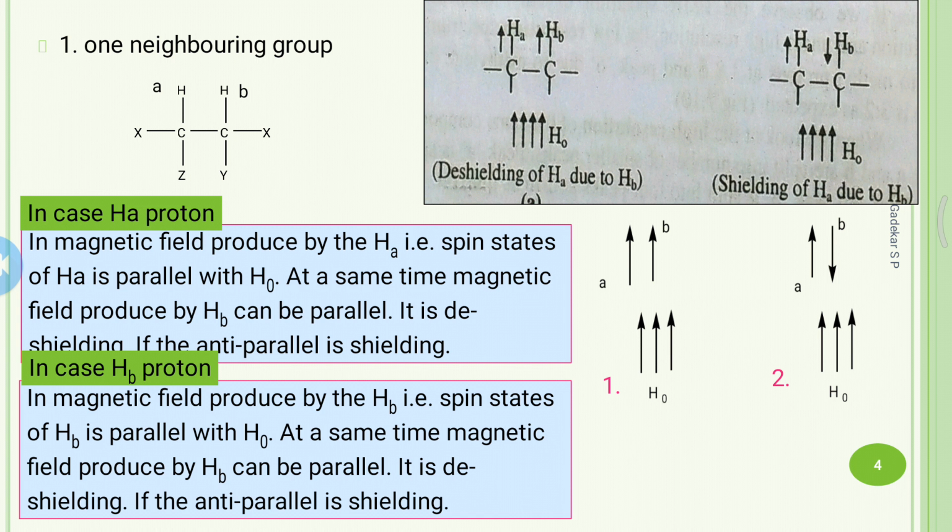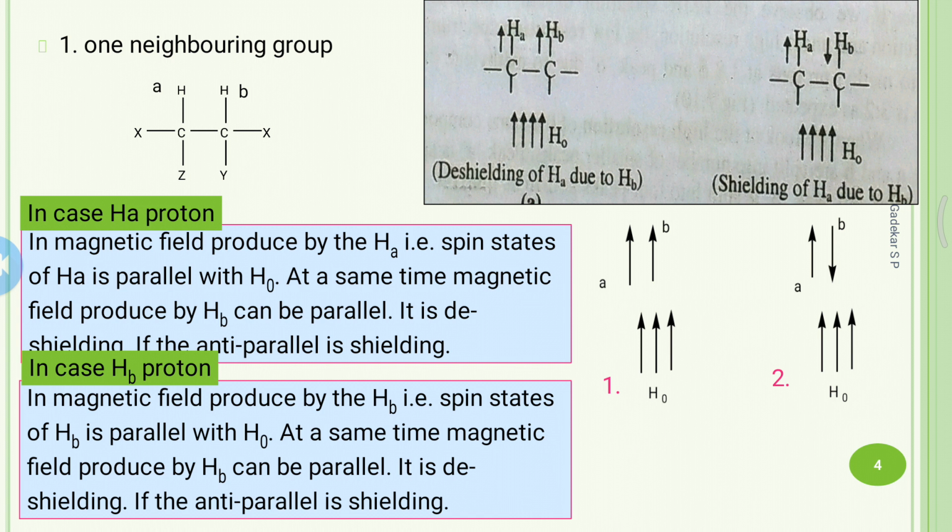In these molecules, A hydrogen and B hydrogen, in this example, the molecules are placed in the PMR instrument. Then they interact with the applied electromagnetic radiation.